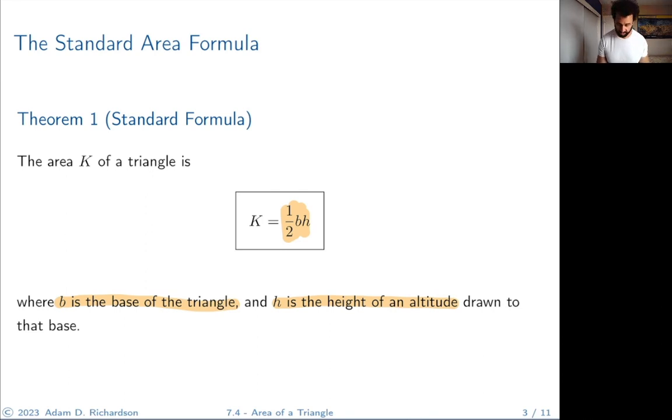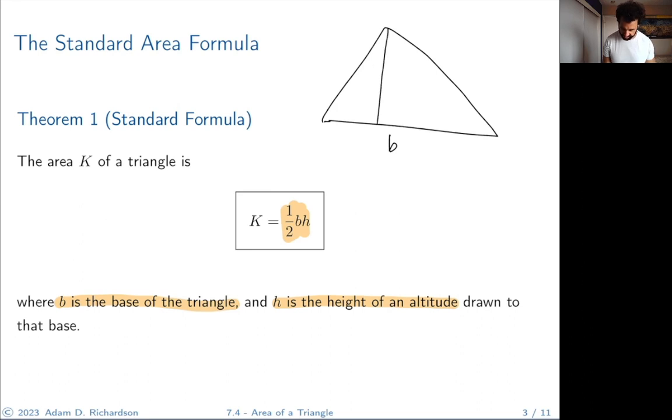So for example, if you wanted to know the area of just some random triangle, like that, maybe one that's not so nice looking. What's the area of that triangle? Well, you would need to know this length, and you would also need to know the length of this altitude. And then the area of the triangle is going to be 1/2 b times h.